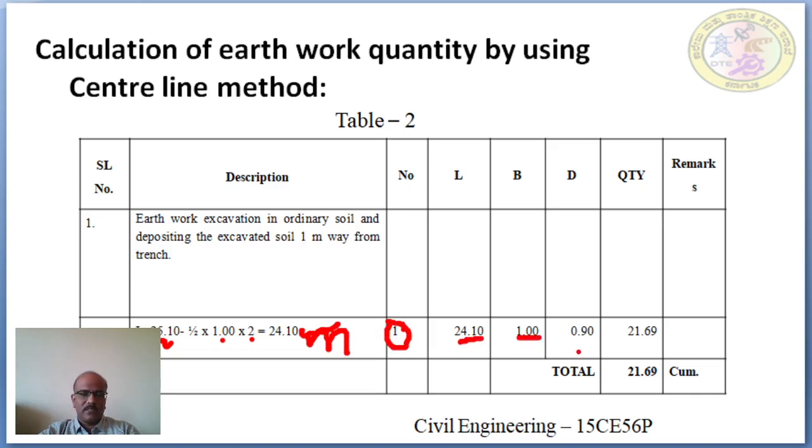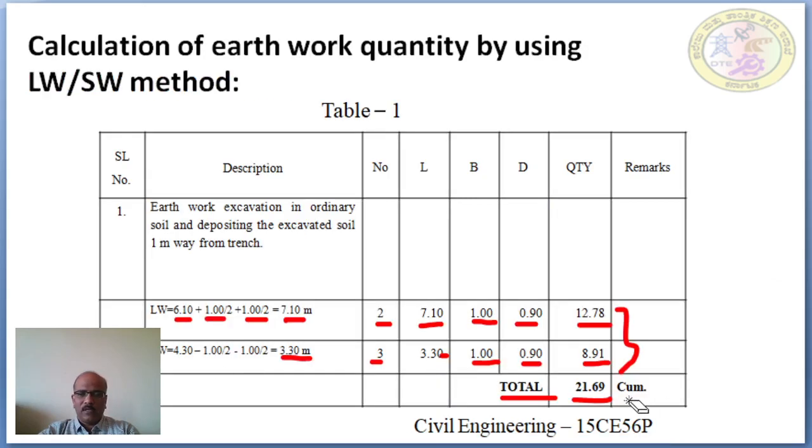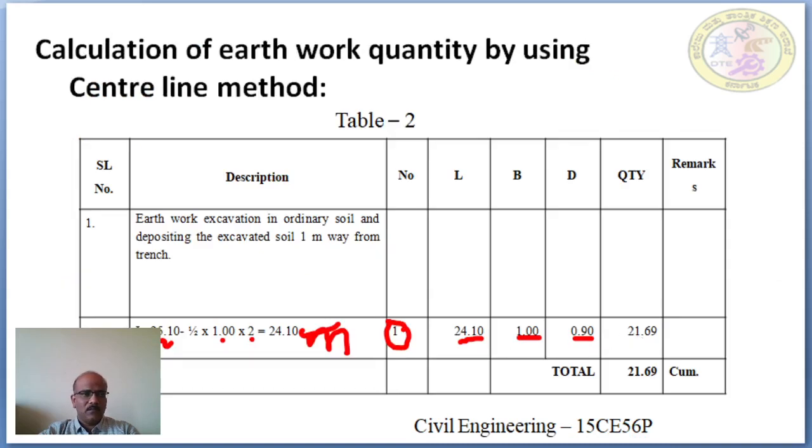Width of excavation is 1 meter and the depth of excavation is 0.9 meter. This width and depth of the excavation is taken from the cross-sectional drawing which is given here. When you calculate the quantity by centerline method, the quantity works out as 21.69 meter cube.